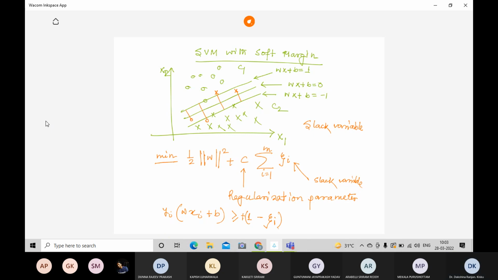The only addition in the Lagrange equation is the slack variable chi i, and the remaining things will be the same as those of the hard margin.